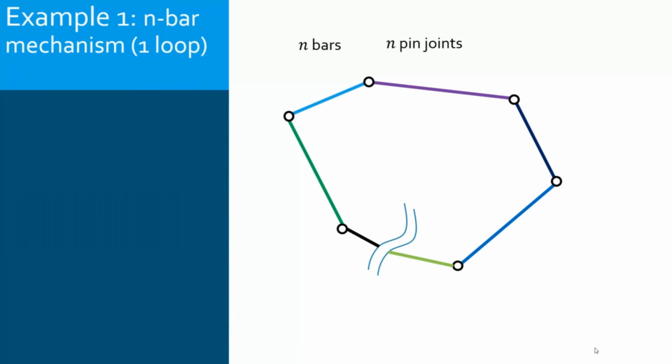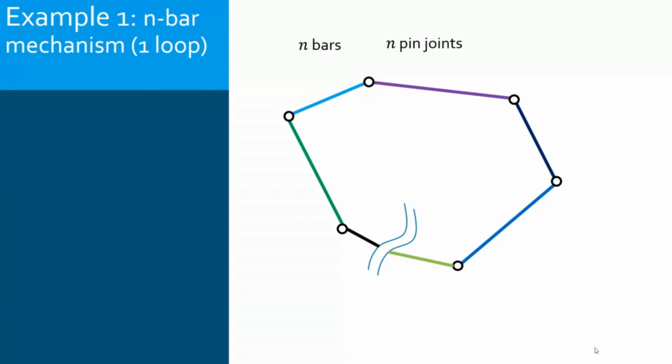We will need the same number of joints: if we have 10 bars, I will need 10 pin joints; if I have 20 bars, I will need 20 pin joints to connect all the bars together. This is one closed kinematic chain, one loop.